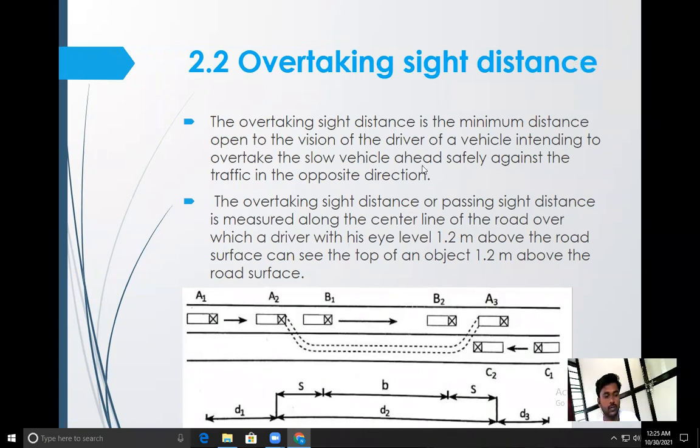And the height of the object is also always taken as 1.2 meter for OSD. In the SSD, the height of the driver's eye level from the road surface is 1.2 meter, but the height of the obstruction ahead is taken as 0.15 meter. But in the OSD, both heights are taken as 1.2 meter. That is a change. Please remember this.